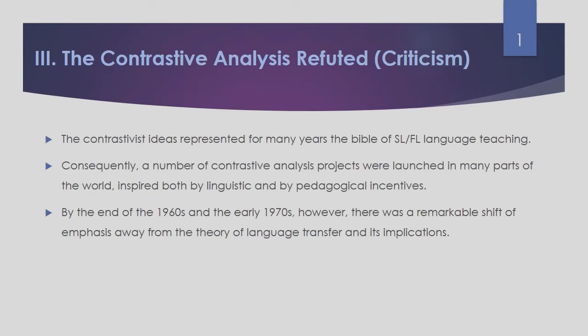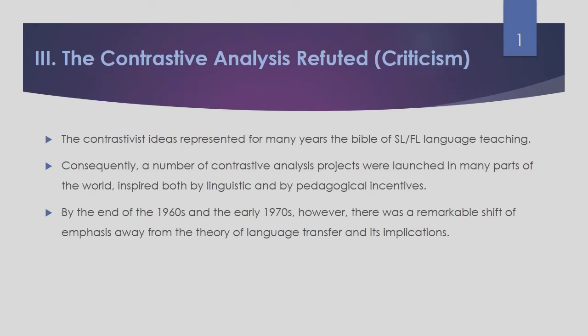That is to say, some of the researchers were interested just in the comparison for the sake of comparing, but others were interested in this comparison for the sake of designing teaching materials. This continued till the 60s and the early 70s.